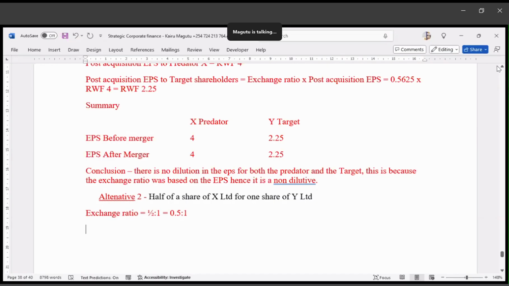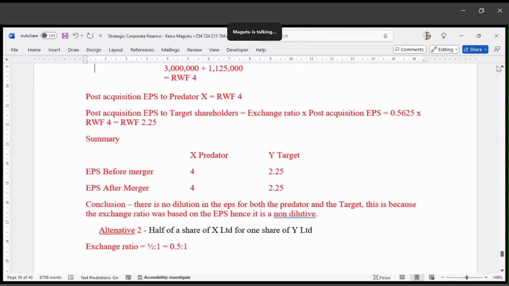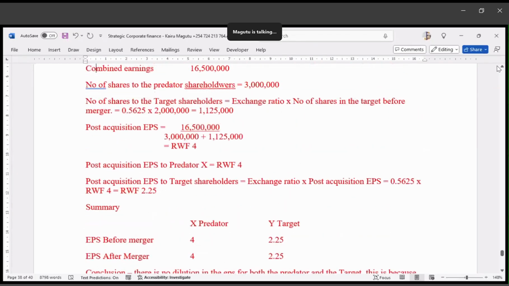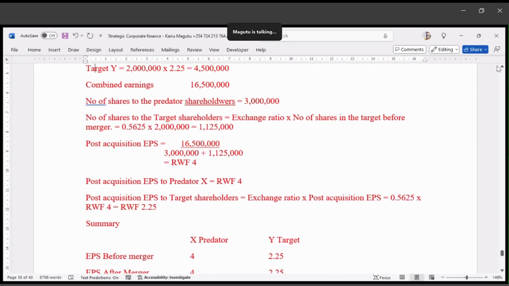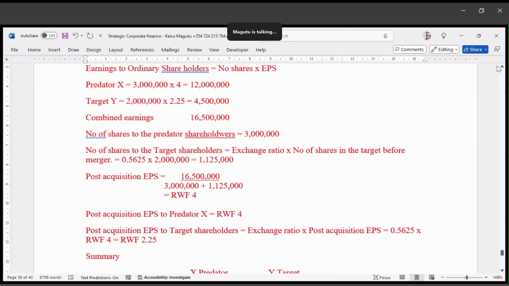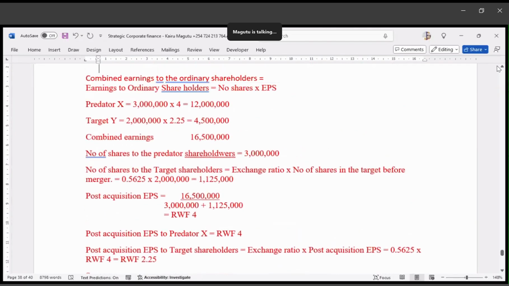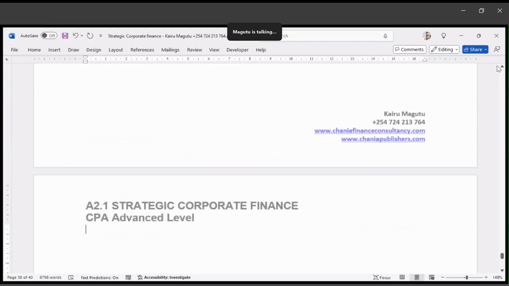So if the exchange ratio is half to 1, how is the reaction? I just want to go by what we've done here. The number of shares will not change. We need to determine the number of shares and the combined earnings, or let me just do it separately.